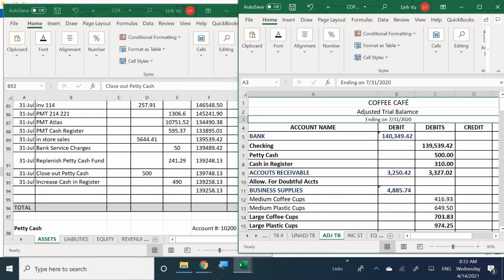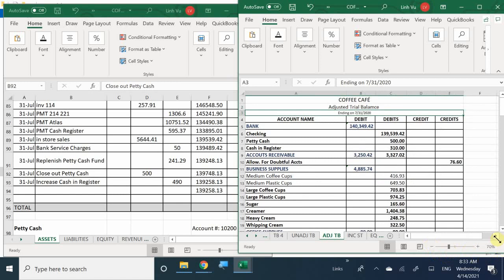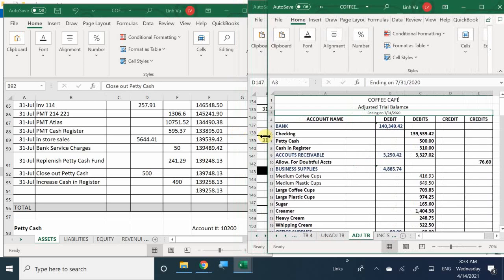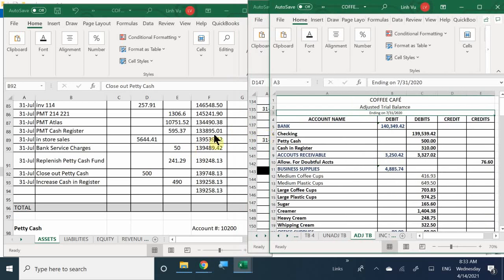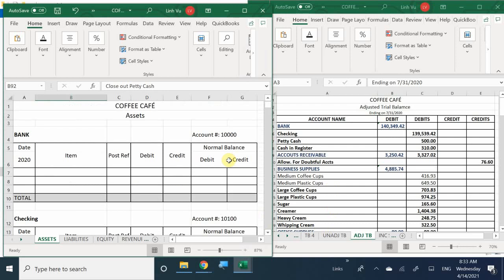So once again, we're going to take a look at each and every single account and find the account balance and go from there. Okay? So I'm shrinking this just a bit so we can have a little more room. All right, first things first, my bank account.